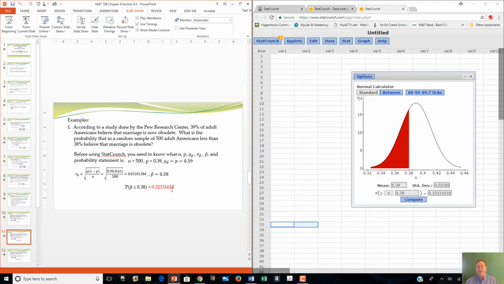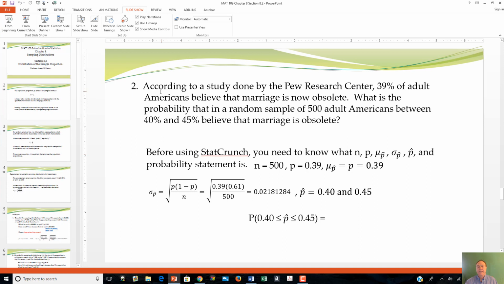Okay, now let's take the same problem but ask a different question. According to the study done by the Pew Research, 39% of adult Americans believe that marriage is now obsolete. What is the probability that in a random sample of 500 adult Americans, between 40 and 45% believe that marriage is obsolete?